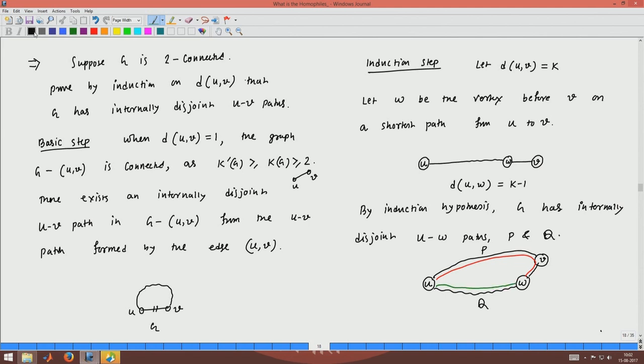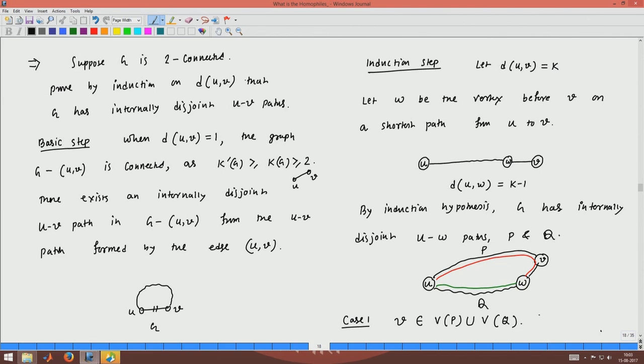This is case 1, when v is part of this path. So this is the vertices of the path P union the vertices of path Q. Here you can see that v is a vertex in the path P.